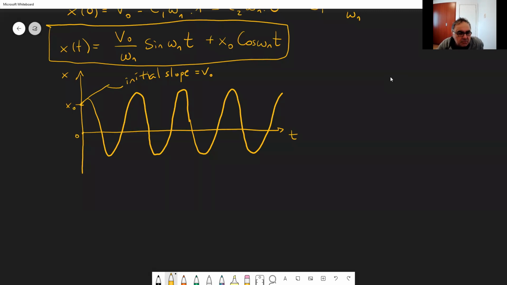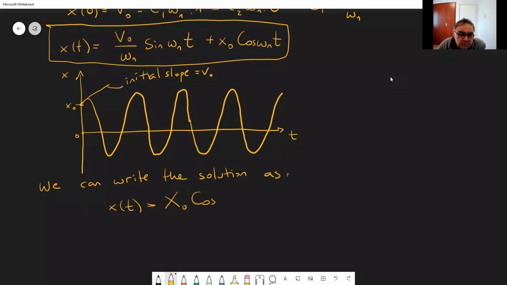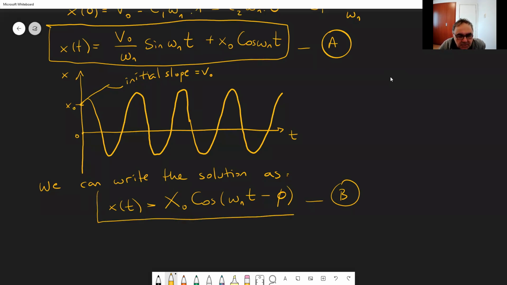Okay. So actually, another way of writing the solution is equivalent, as we will see. Capital X, cosine, I could have said sine, it wouldn't matter, omega n t minus the phase angle phi. Let's say that this is the A solution, and this is the B solution. And A and B solutions are equivalent, as I will show.